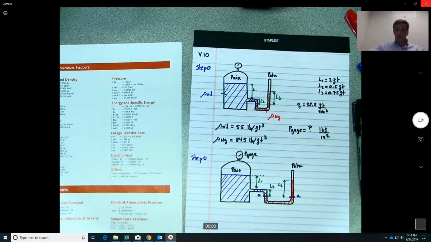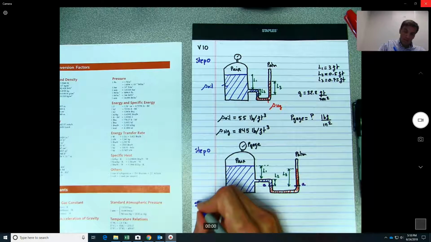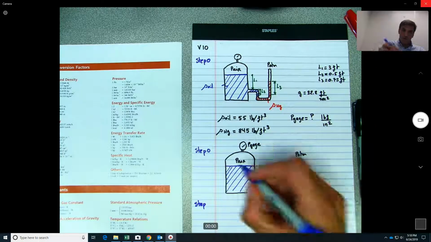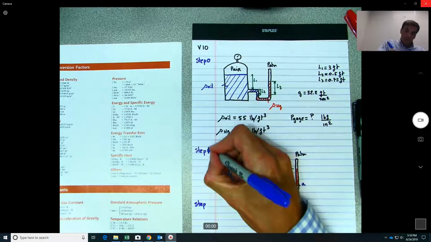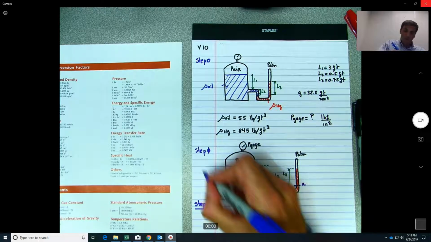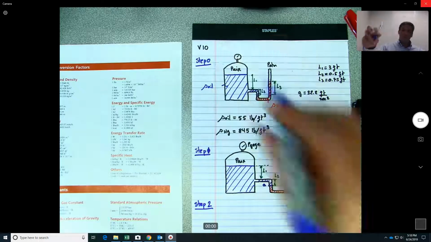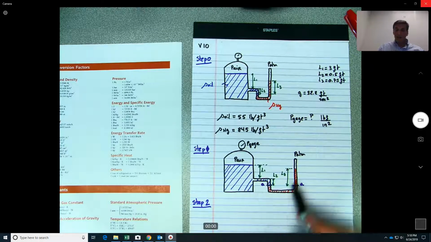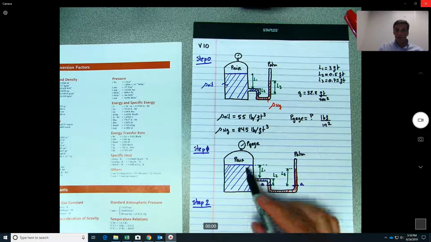All right, so now we can go to step. Sorry, it was step 0, step 1, step 2. Okay, so now let's see. Let's start from this end and go this way, or we could start from that end and go the other way.